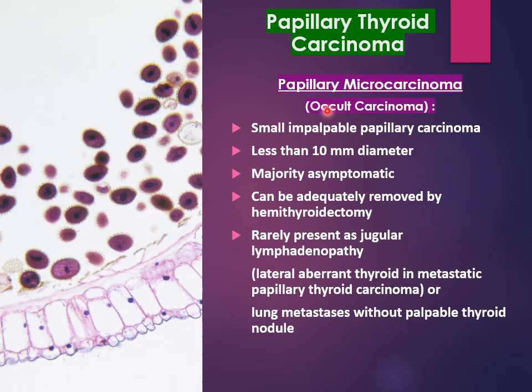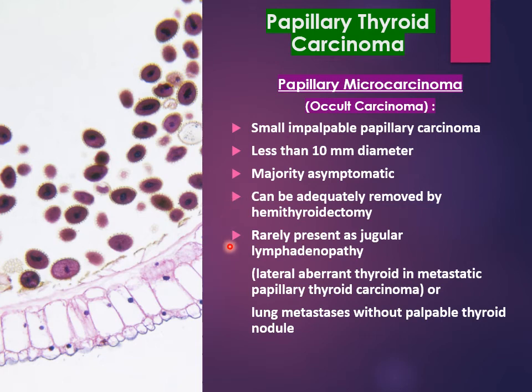Okay, then there's something known as occult papillary thyroid carcinoma, also known as papillary microcarcinoma. These are small, impalpable papillary carcinomas, less than 10 millimeters in diameter. Majority of them are asymptomatic, and these tumors can be adequately removed by lobectomy or hemithyroidectomy.